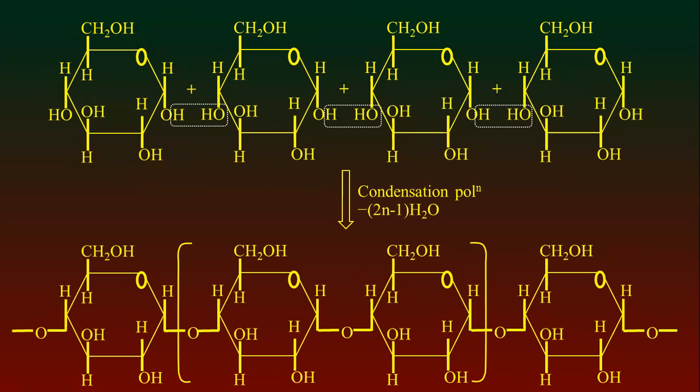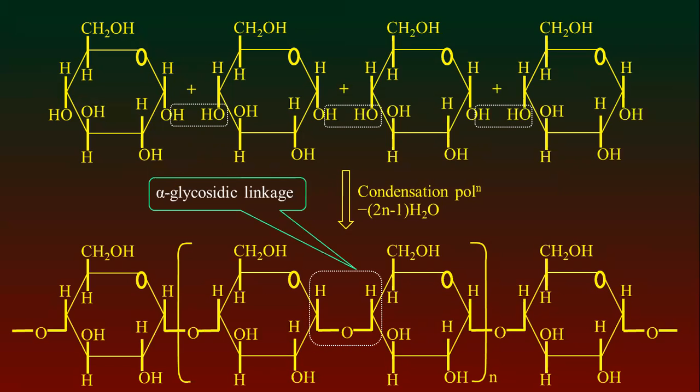And here you will see that this group, the middle section, is known as the alpha glycosidic linkage, because alpha glucose is used for the formation of starch. That's why this linkage is known as alpha glycosidic linkage. And here, cadets, you will see that the first carbon is linked with the fourth carbon in another alpha glucose molecule.